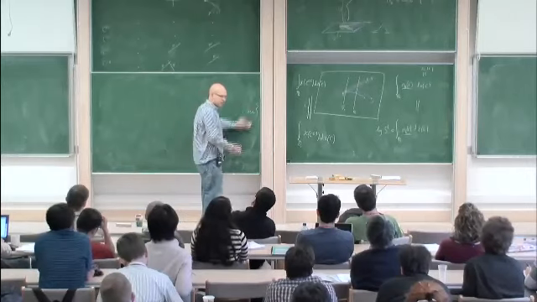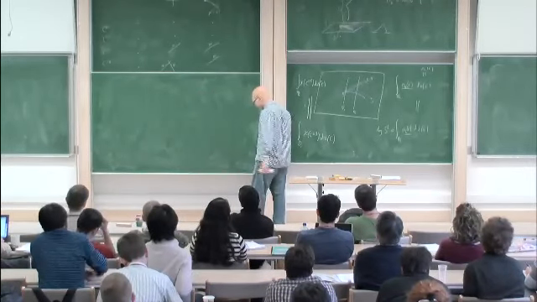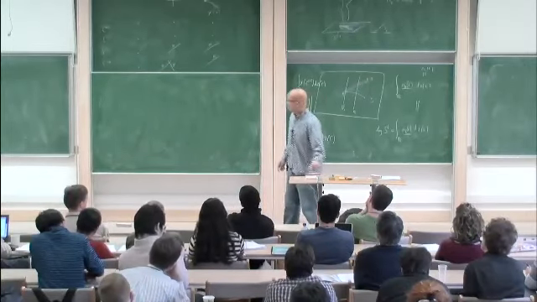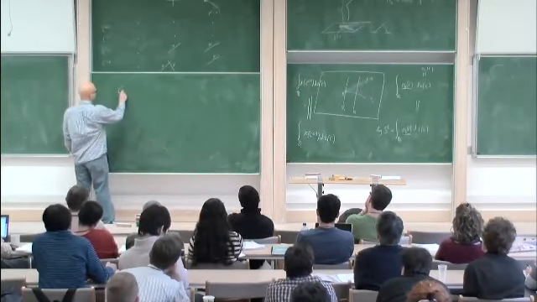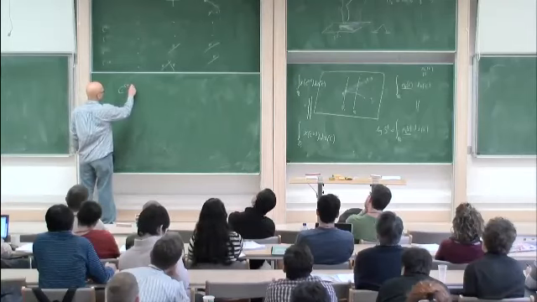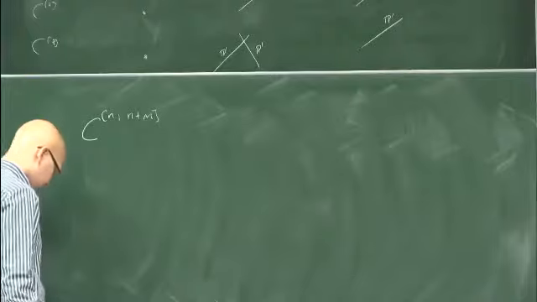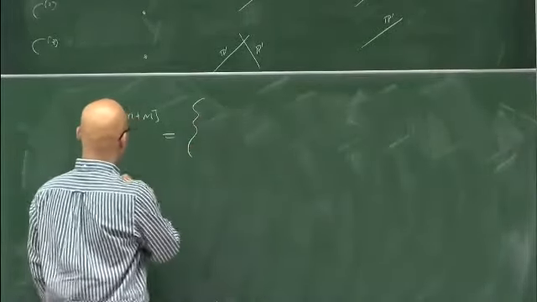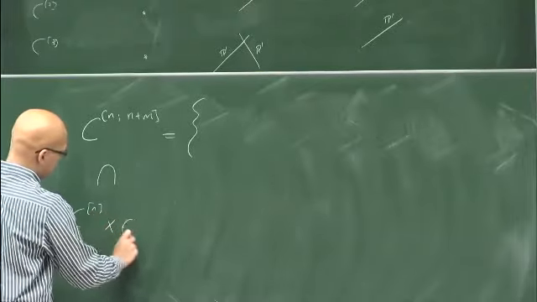The smoothness argument isn't trivial. I mean, you have to say something. Okay. So a couple more spaces. I'm going to write C^{[n+m]} for a certain incidence locus inside here.